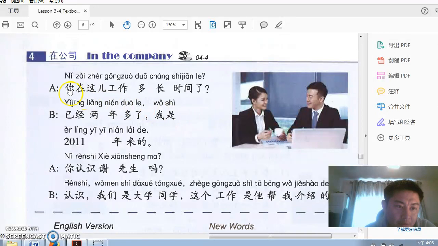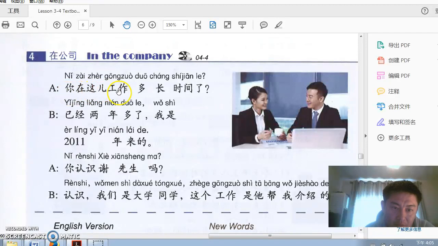Now, number 4, A says, 你在这儿工作多长时间了？多长时间, how long time? 工作 for how long time? That's why time is after 工作, because this is the duration of time, not where the action is happening. 工作 is to work, 在这儿 here.